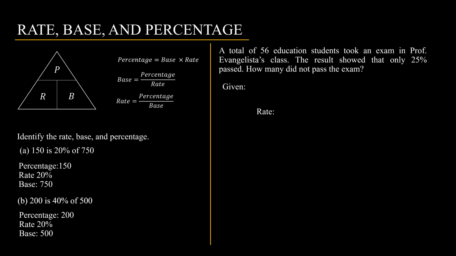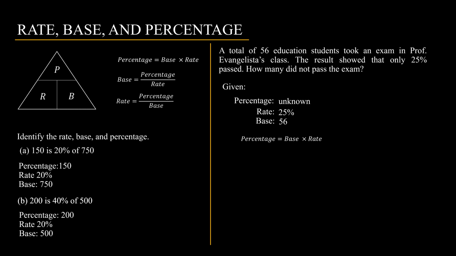The rate is 25%. Yung mayroong percent na symbol. Yung base naman ay yung total. That is 56. Siya yung total number of students. At yung percentage ay unknown. Hahanapin natin kung ilang tao ba o ilang students ba itong 25% na ito.